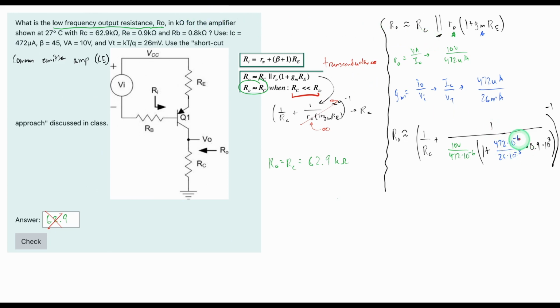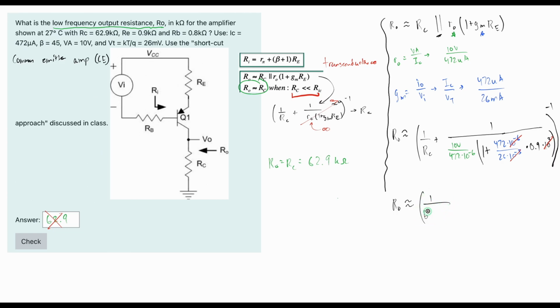Now there's a few things we can cancel out here. We have this 10 to the negative 6, this 10 to the negative 3, and this 3 here. So we can combine all of these, and we're not going to worry about it. From here, we are just going to rewrite this as our R naught is equivalent to our 1 over, let's plug in our RC.